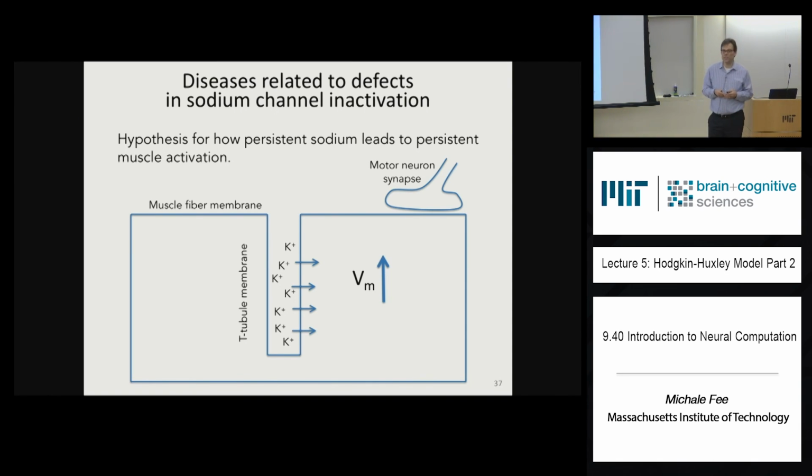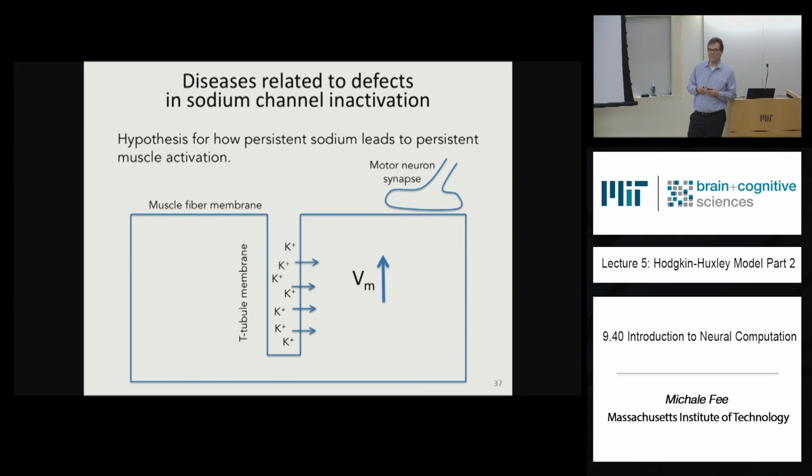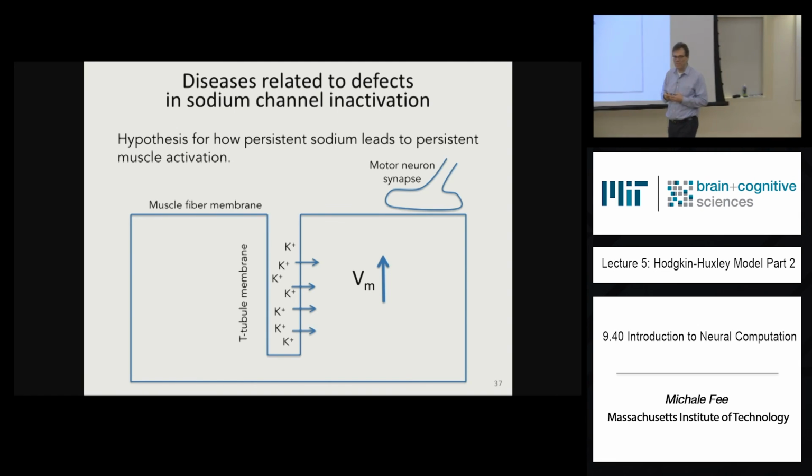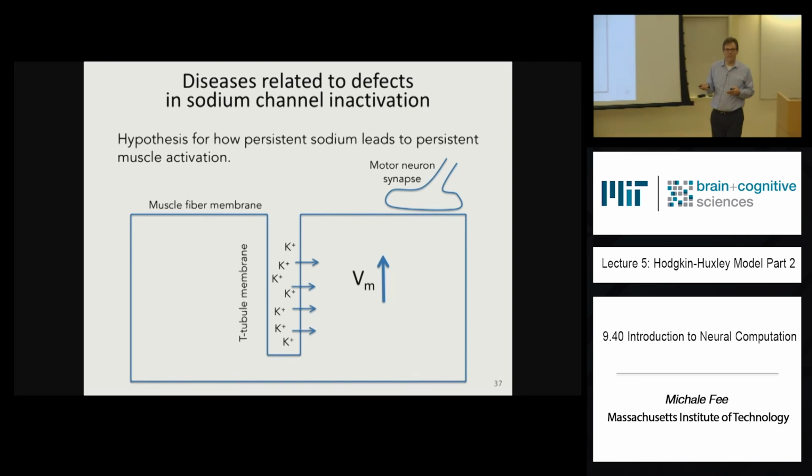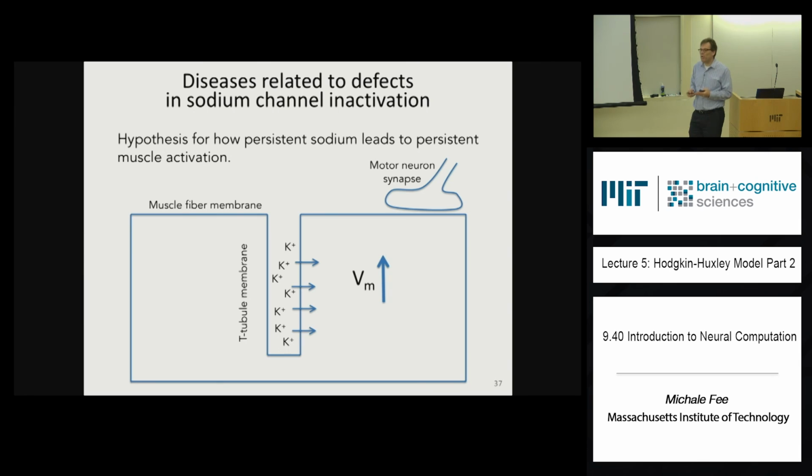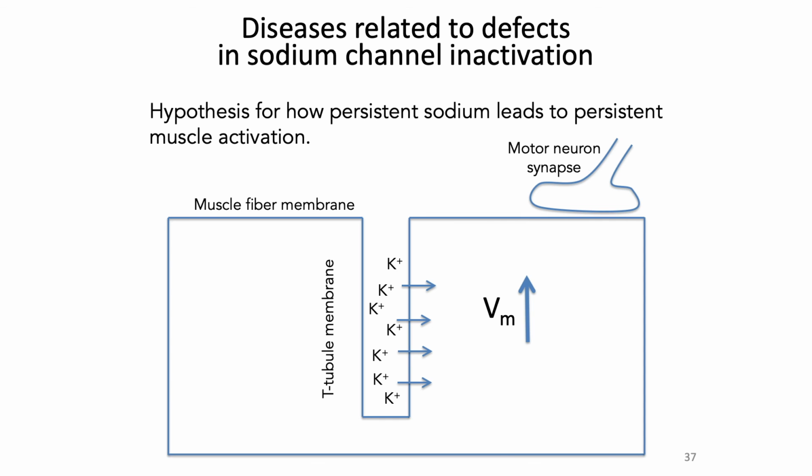Any other suggestions? What are we here for? What is this class? Introduction to neural computation, right? So what can we do? This is a word model, right? When you actually put it all together and model it, it might make no sense whatsoever.